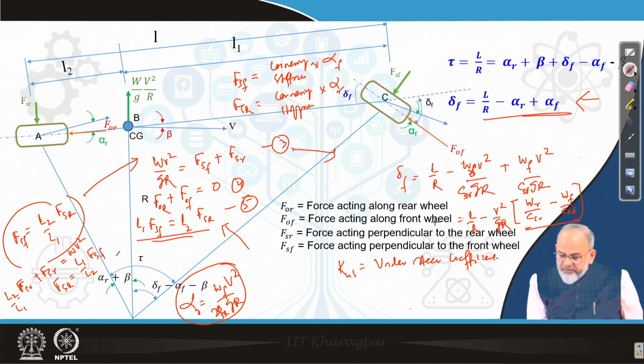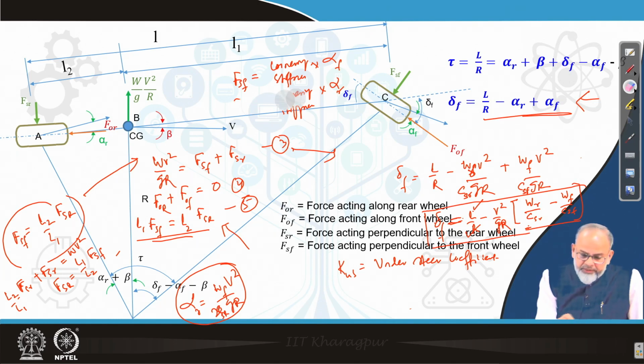So, delta F, that is the steering angle, is a function of wheelbase L, it is a function of the turning radius R, it is a function of the speed at which it is taking a turn, it is a function of the weight distribution, it is a function of the cornering stiffness of rear and front tire. So, this is the fundamental equation governing the steady state handling behavior of a vehicle.